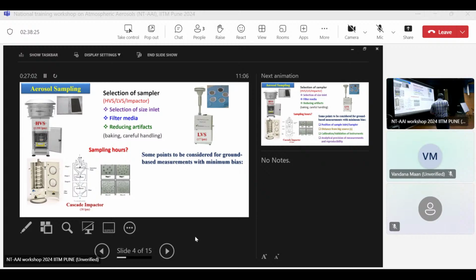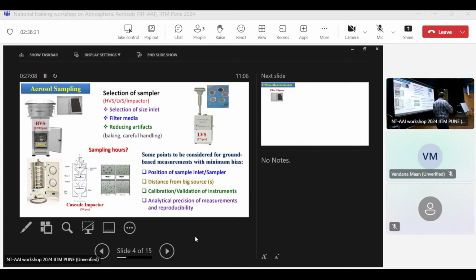Then some points to be considered before sampling. First, the position of sampling. If I ask you to go to the sampler, you should consider what you have in the surroundings, whether there is free flow of air or not.